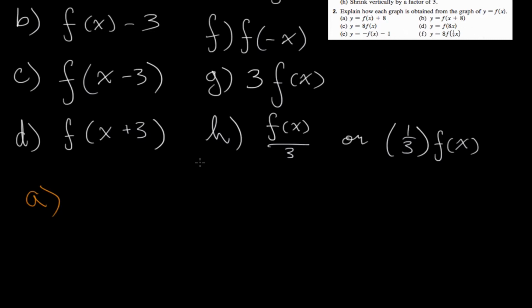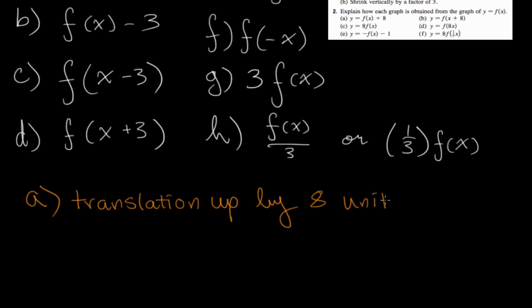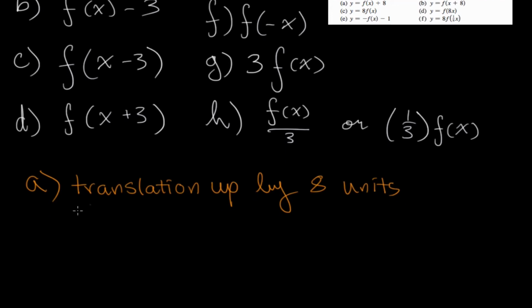Okay, so I would just say that this graph is a vertical translation upwards by 8 units. We're not multiplying the entire function by a factor of 8, we're adding, and that shifts it up.